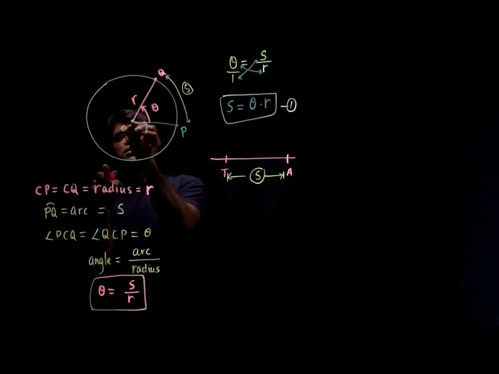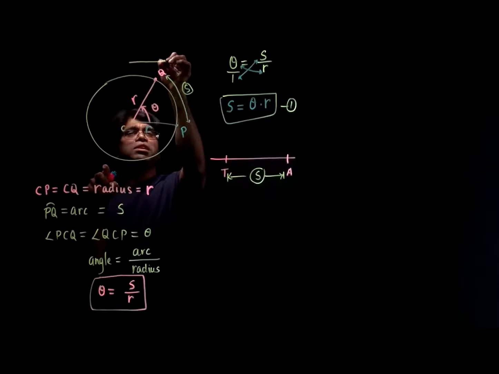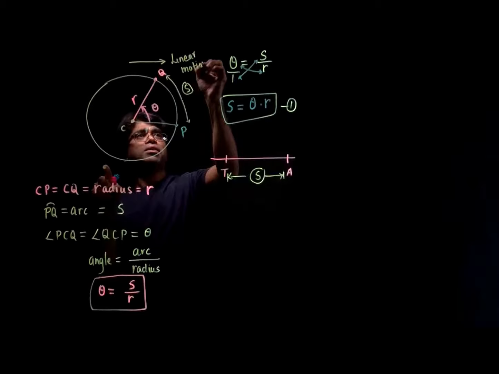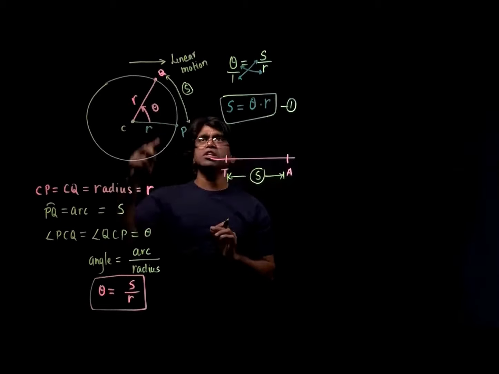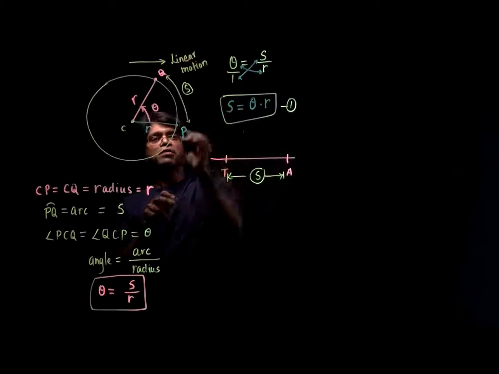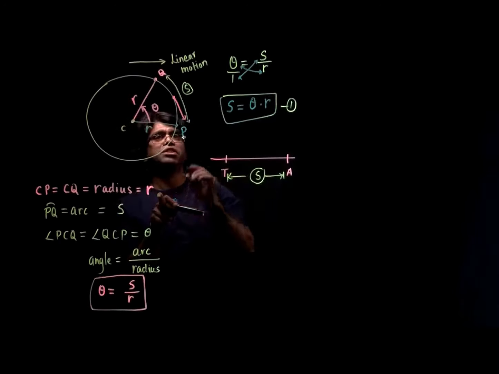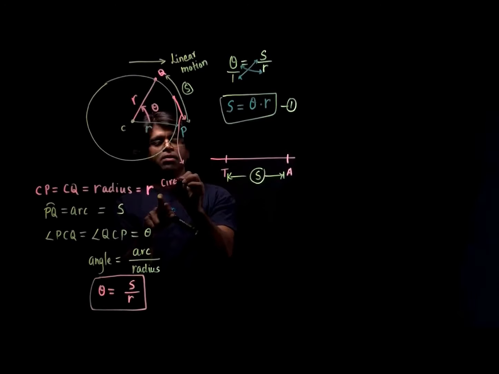So basically the center of the circle is going this way, which is a linear motion. But if I consider any point at the circumference of the wheel, then that will go in this direction, and this is basically my circular motion.